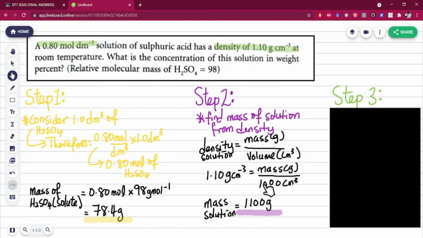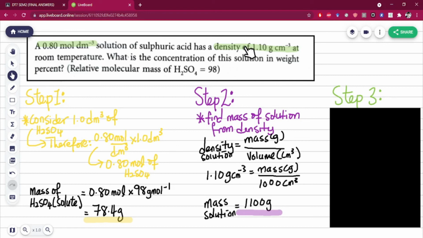From where did I get this one? It's from the first consideration that we have made in step number 1. So when I take that into consideration, I should be able to solve this and get the mass of solution, which is 1100 grams. In step 1, we have got the mass of solute. In step 2, we have the mass of your solution.